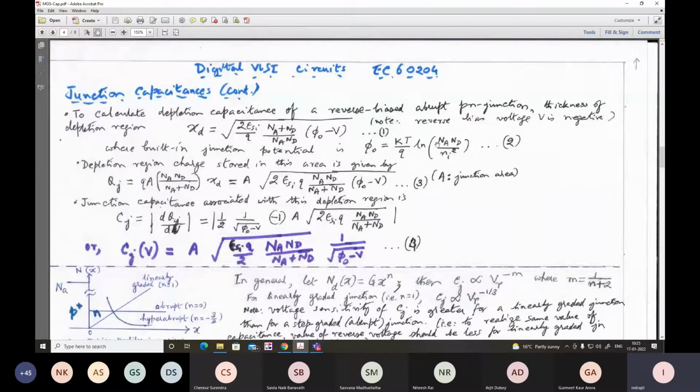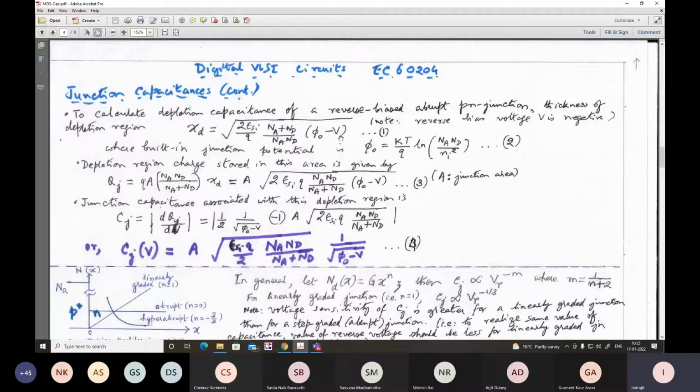So KT by Q is the thermal voltage, which is nearly 26 millivolt at room temperature, that means at 300 degree Kelvin. And with the acceptor and donor concentration, Ni is the intrinsic concentration, which I believe all of you remember, nearly 1.45 into 10 to the power 10 per cubic centimeter. And also the reverse bias voltage is negative.